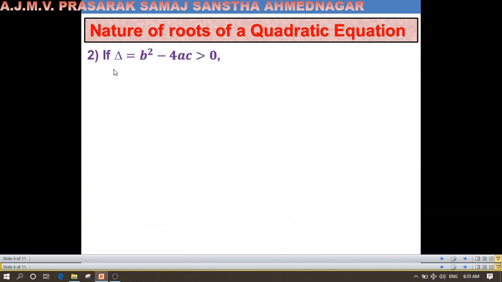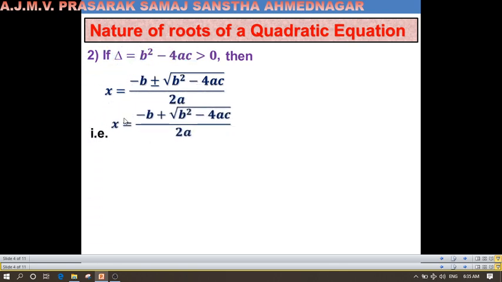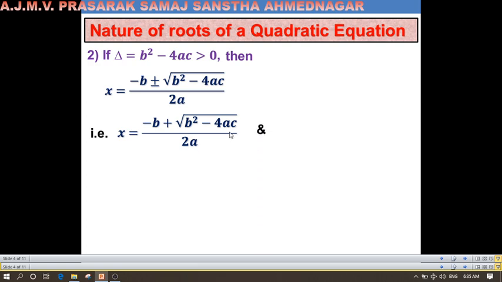Second, if delta is equal to b square minus 4ac is greater than 0, then by the formula x is equal to minus b plus minus root of b square minus 4ac upon 2a. Therefore x is equal to minus b plus root of b square minus 4ac upon 2a, and x is equal to minus b minus root of b square minus 4ac upon 2a.